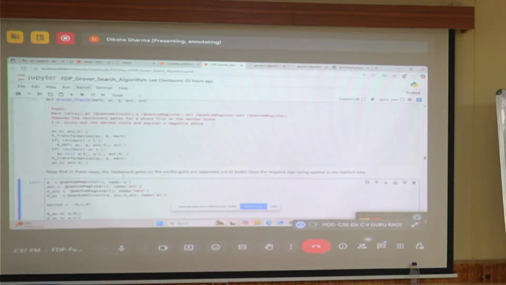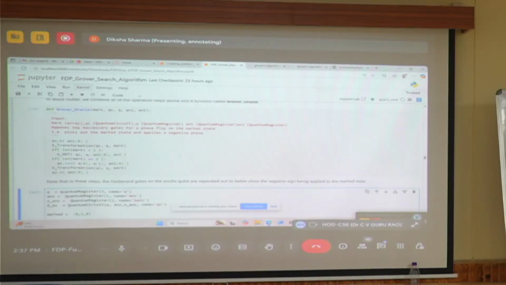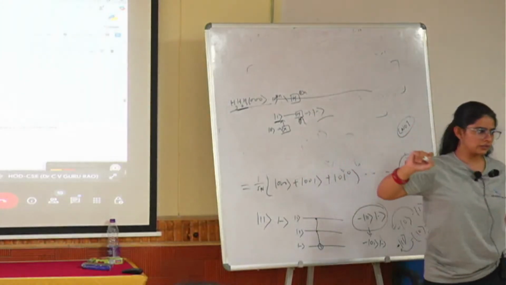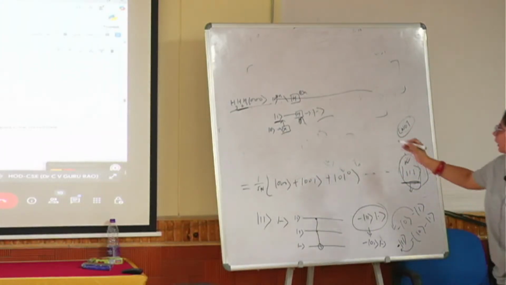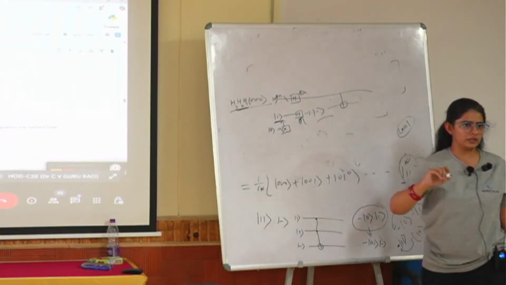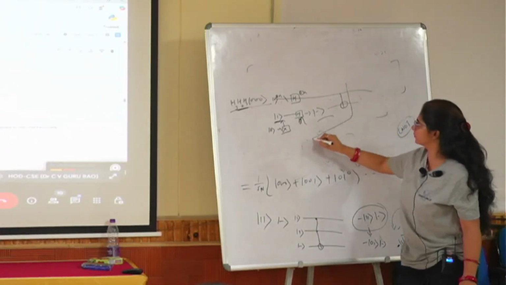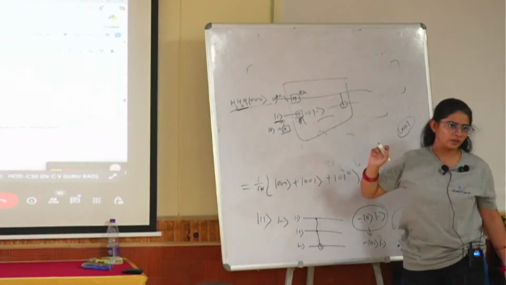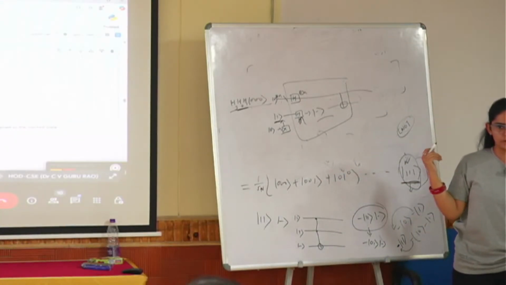Here, what it is doing is, first it will apply the Hadamard gate on the ancilla. So this Hadamard gate is getting applied first, and then it will apply C0 gates over here. Okay, so this is what Grover oracle is. This is what I'm calling Grover oracle.